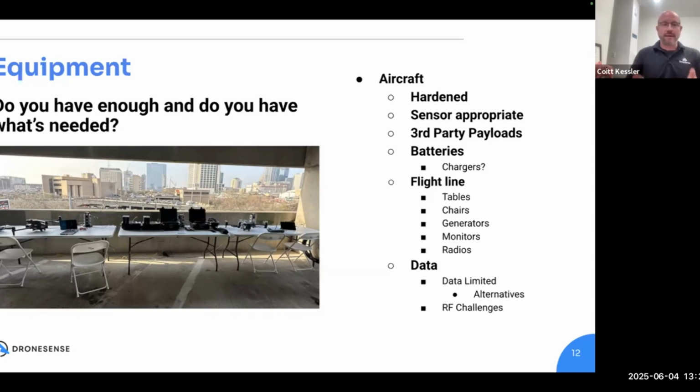I don't want to be standing up holding my controller all day long, right? I'd like an actual monitor that I can show incident command what's going on, or my people can look at, or as I start to scale out our flight line, that we all can see what is happening with these different feeds coming in.